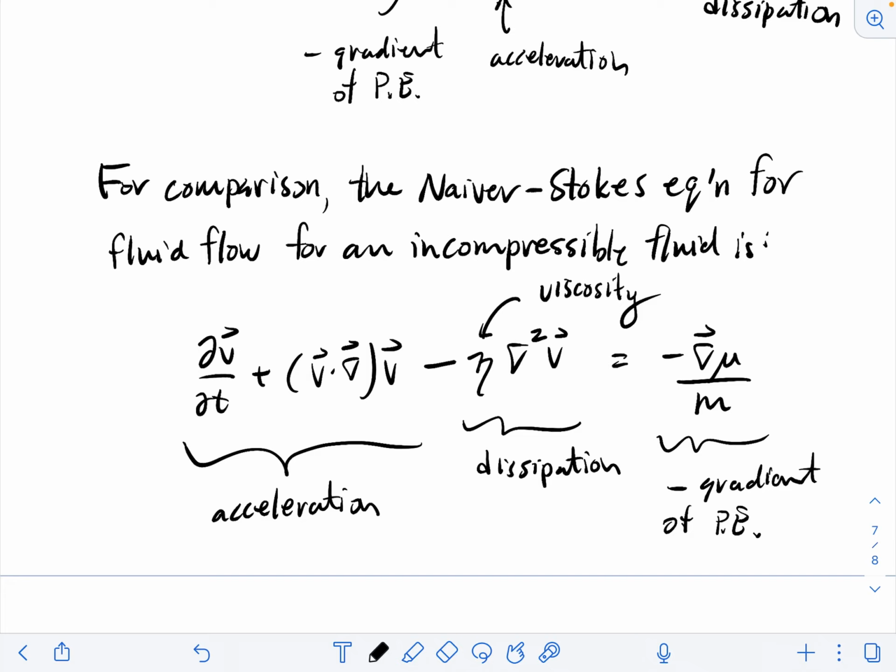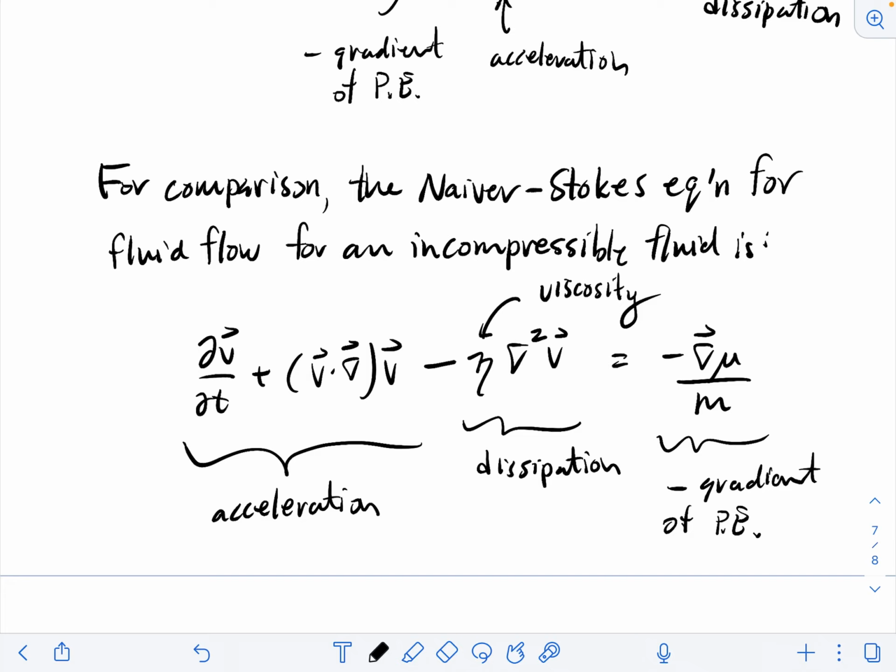What's really neat about this is that we did this derivation starting from a wave function that was postulated to be valid to represent all of the particles inside the condensate, and we did a completely quantum mechanical calculation using the time-dependent Schrodinger's equation, and yet we recover the same kind of result that we would get for classical fluids. And so that's where I'm going to leave it for today.